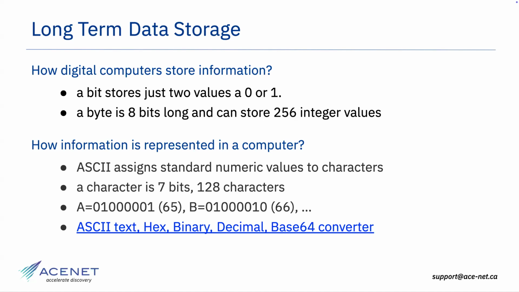In computing, a byte is typically 8 bits long and can store 256 integer values between 0 and 255. But how is information such as text characters represented in a computer?